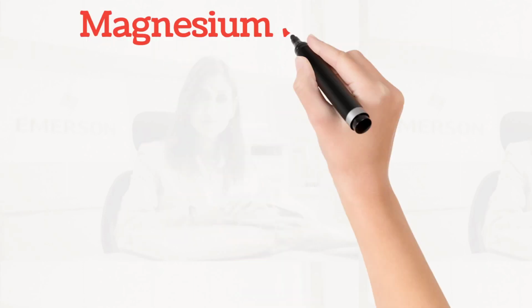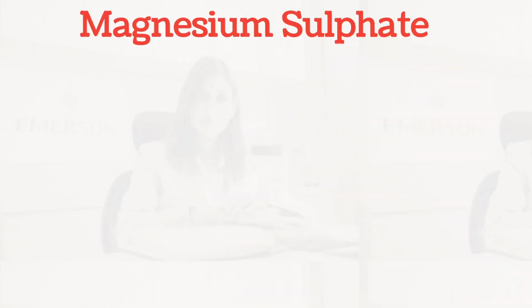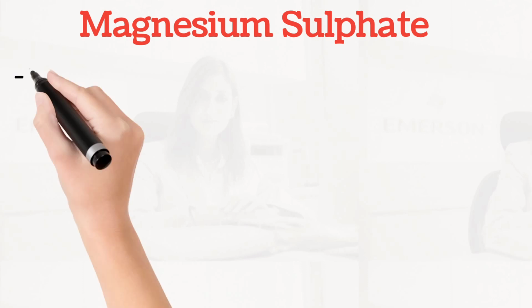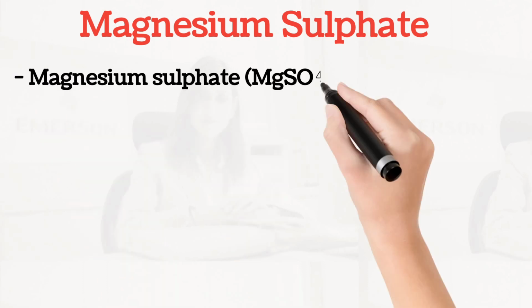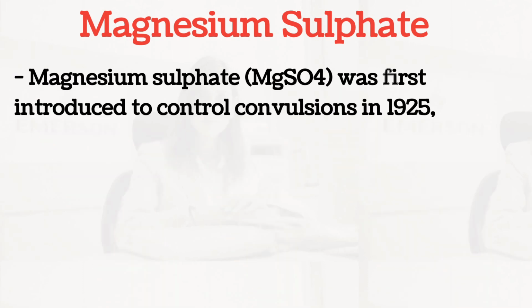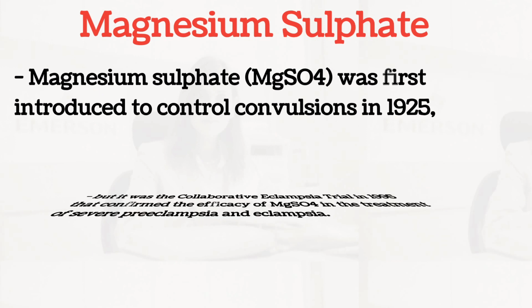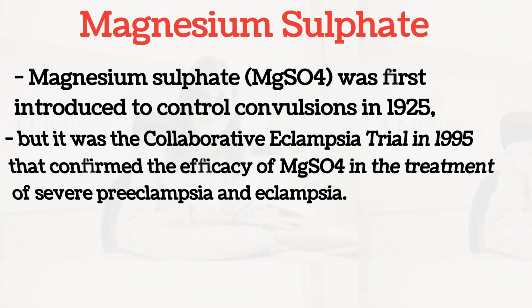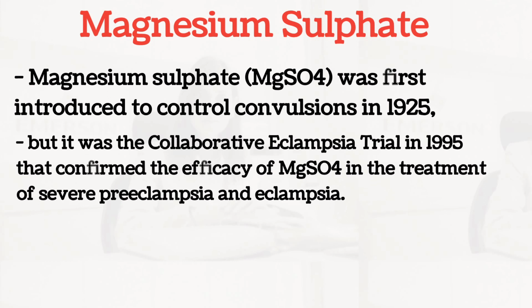Magnesium sulfate. The best way to learn something is to know its origin. So let's start with the origin of magnesium sulfate, so that we understand where it comes from. Magnesium sulfate was first introduced to control convulsions in 1925, but it was the Collaborative Eclampsia Trial in 1995 that confirmed the efficacy of magnesium sulfate in the treatment of severe preeclampsia and eclampsia.